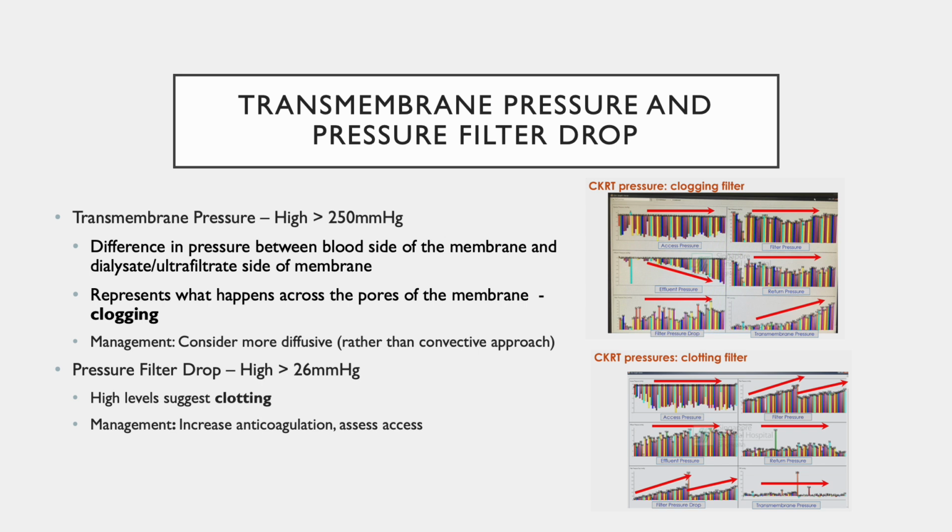So essentially the transmembrane pressure is the pressure difference between the blood side and the dialysate or ultrafiltrate side of the membrane. So if you can imagine, if you are doing a lot of ultrafiltration, then the pores will clog up, and this results in a high transmembrane pressure. Conversely, when the pressure filter drop is high, more than 26 millimeters mercury, this suggests clotting, and the management strategies would then be to increase anticoagulation or to assess the excess to see whether that can be further optimized.